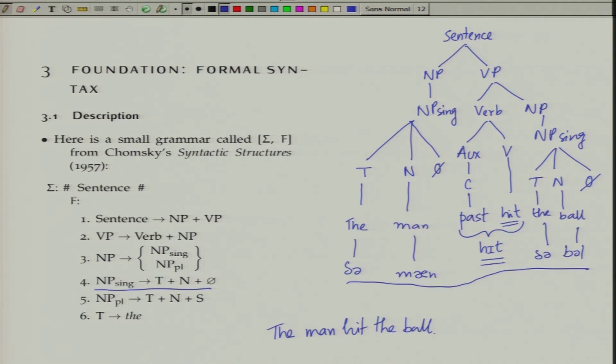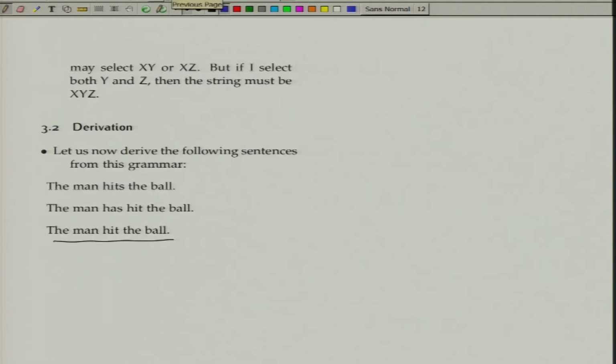So this is an alternative derivation of a sentence, and also we can derive a sentence like "the man has hit the ball." We'll try this also. We can try it here, we need not, now we almost know the rules by heart.